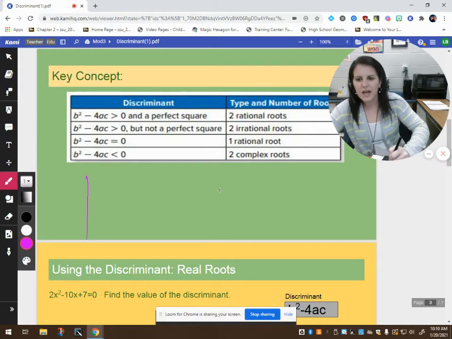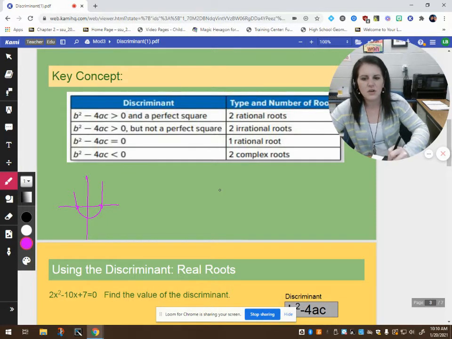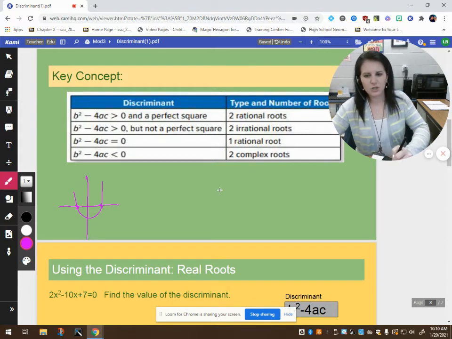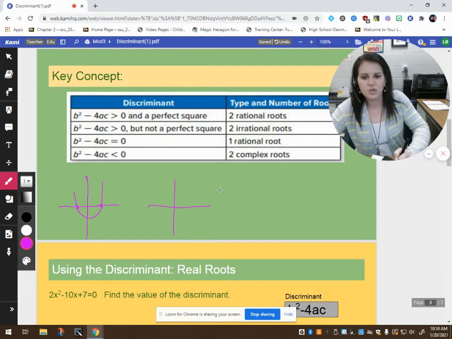So we know if we have a quadratic that crosses in 2 different places, these are 2 real roots. Now, whether or not they're rational or irrational, I don't necessarily know until I look at what the value of the discriminant is. But we also have places, oh, this one touches in 2, but pretend with me that this only touched right here in the middle.